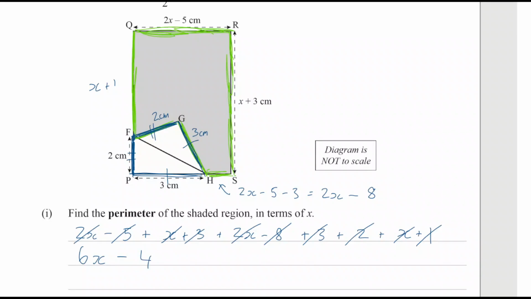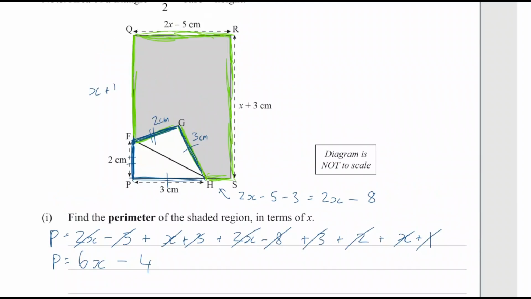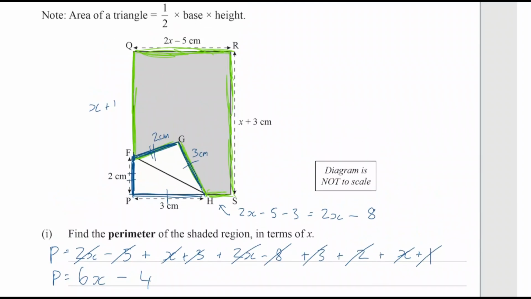Now double check my working now. That should be right. I am looking at the mark scheme too. Surprised I didn't pick that up sooner. But so the perimeter is equal to 6x minus 4. Do we know what x is? No. But we have found the perimeter in terms of x. Great.